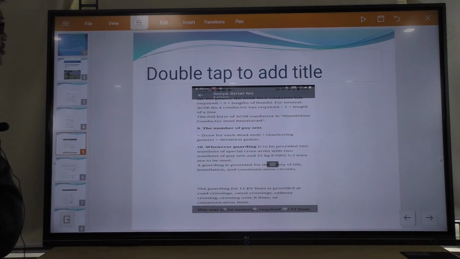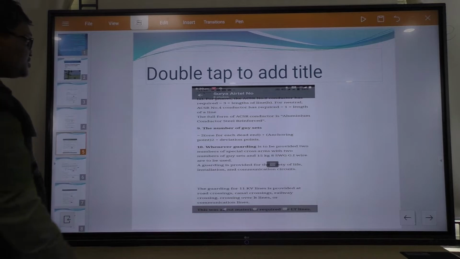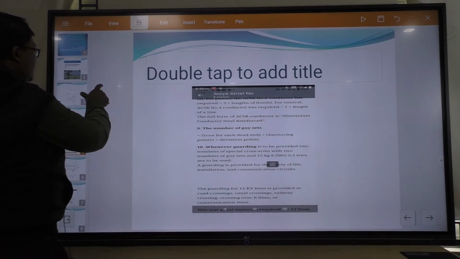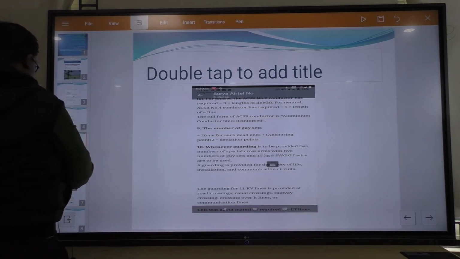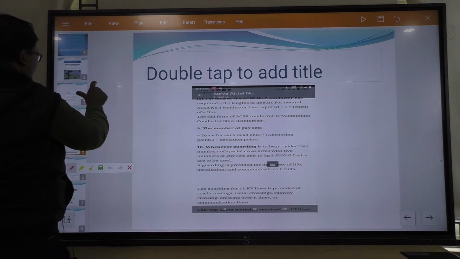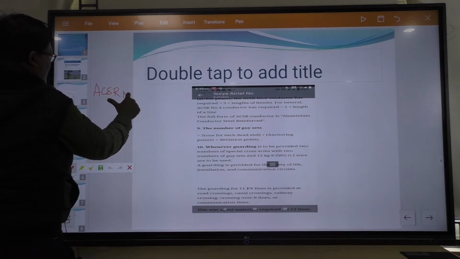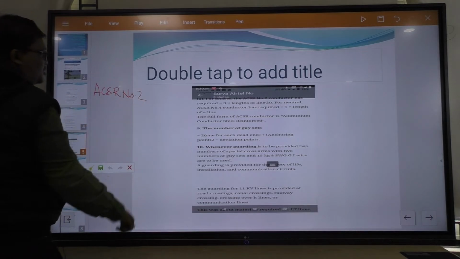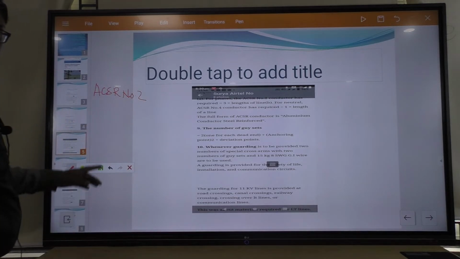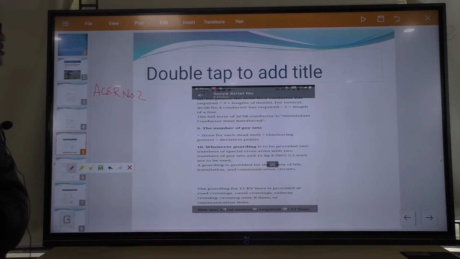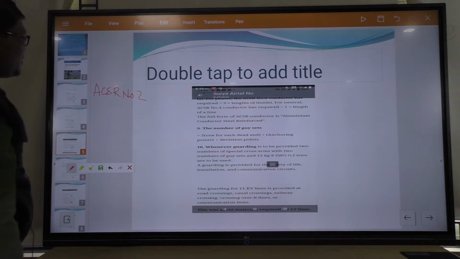For this LT connection we will require SCSR number 2 conductor. This is the specification of the cable. Conductor required is 3 into the length of the line.